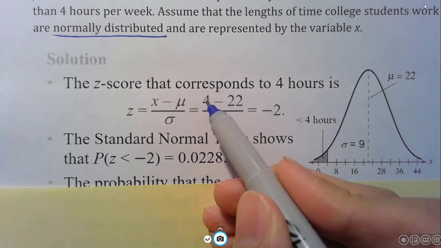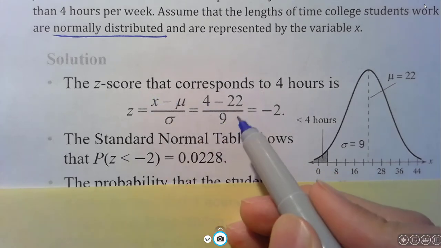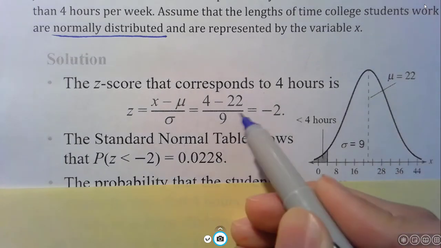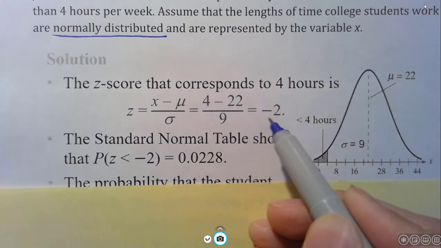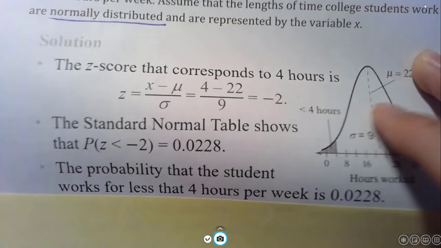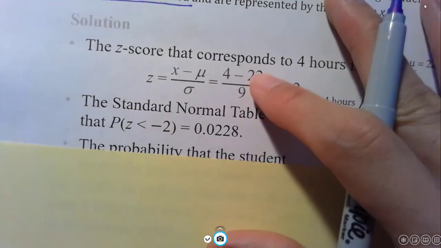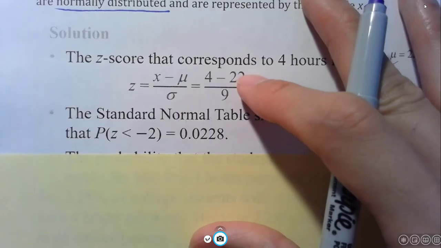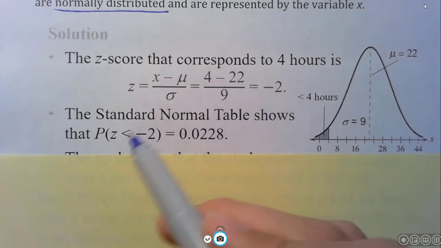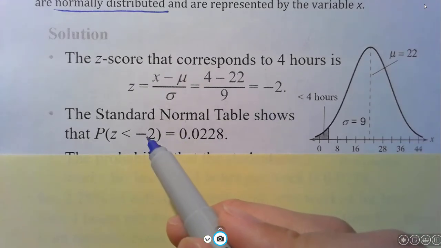So 4 minus 22, the mean, divided by the standard deviation of 9, is equal to minus 2. So now we are looking for the area that has the z-score of minus 2.